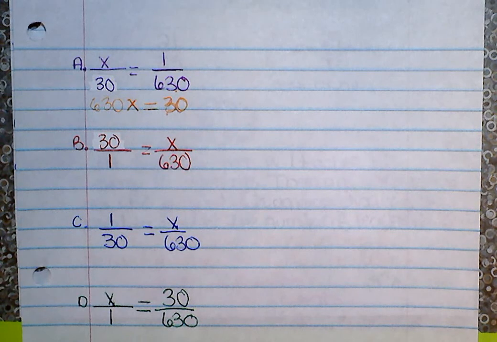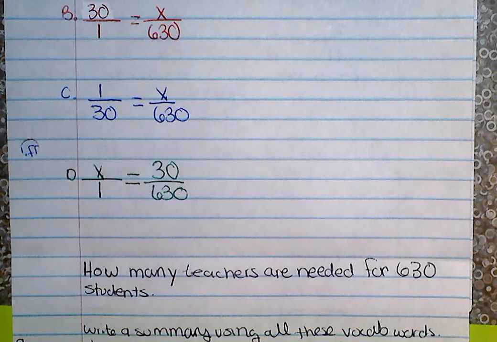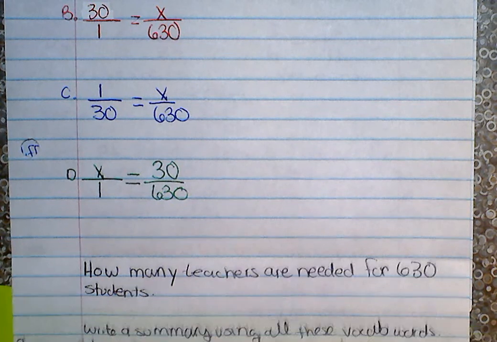You are going to do the rest the exact same way and figure out which equation matches yours. Then, once you find your correct proportion, I want you to tell me how many teachers are needed for 630 students. So you're going to solve for x.